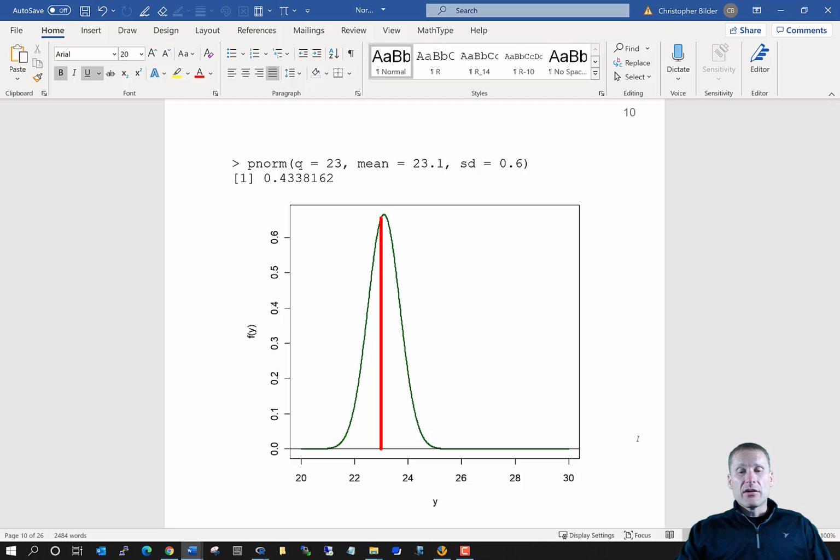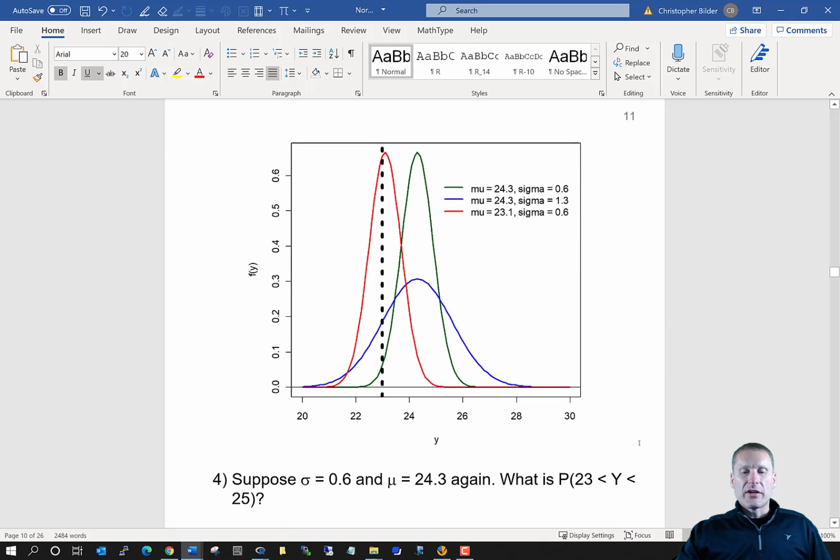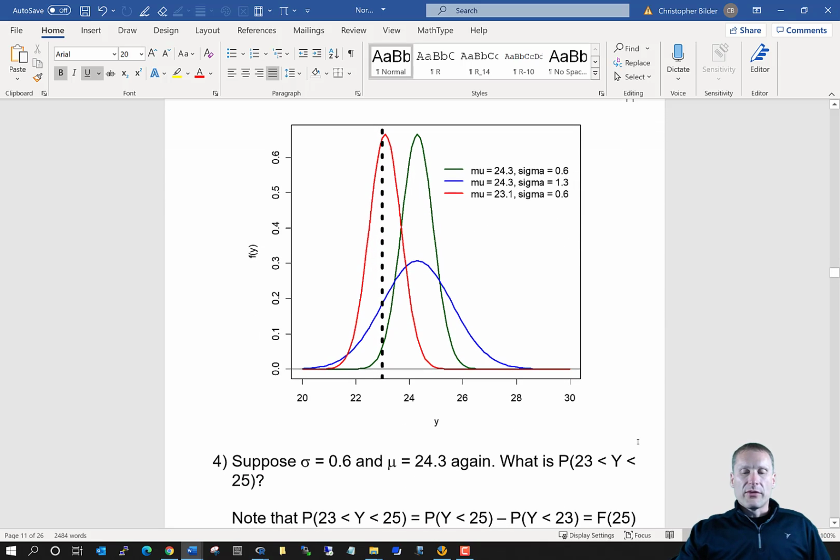And indeed, here's what the plot looks like. If I use the exact same code, but now change the mean to 23.1, now I have an area of about 0.43 underneath the curve. So here's a nice little diagram that actually compares all three of those situations.